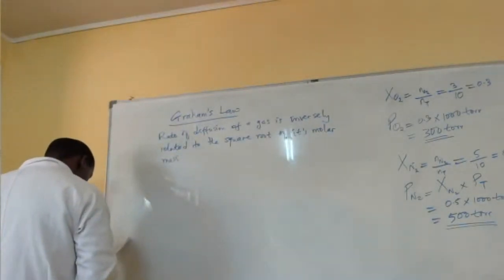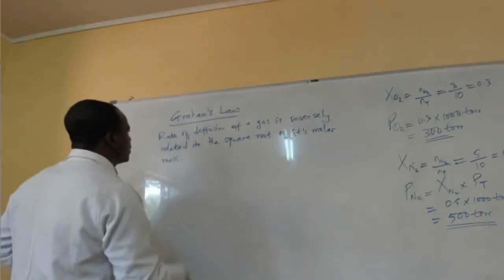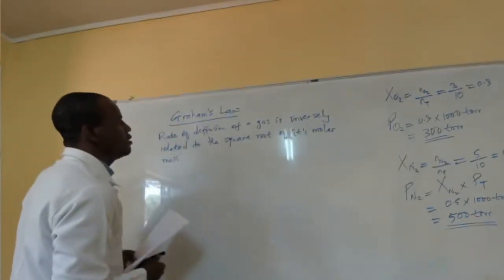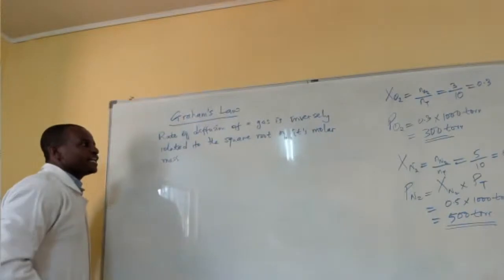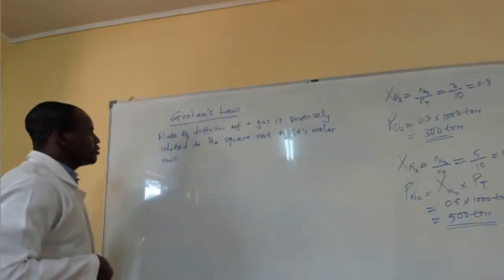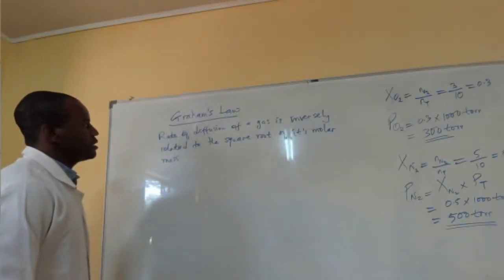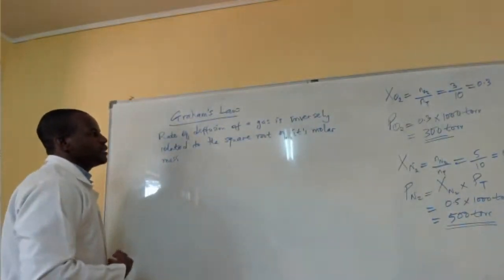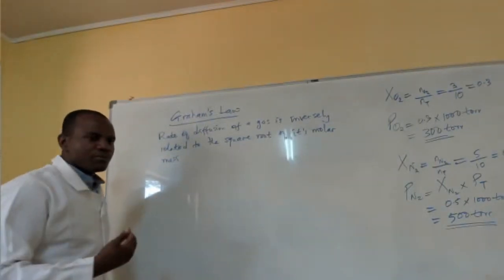So what this means is that the rate of movement or diffusion of a gas varies inversely with the square root of its mass. If you have a gas that is heavier, you expect the rate to be slower.